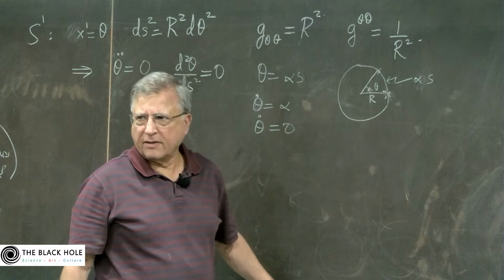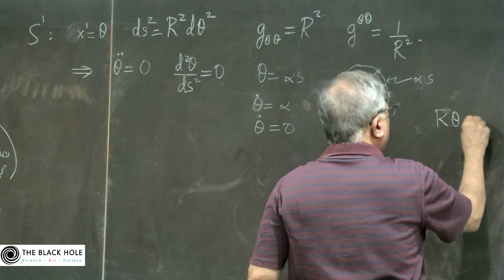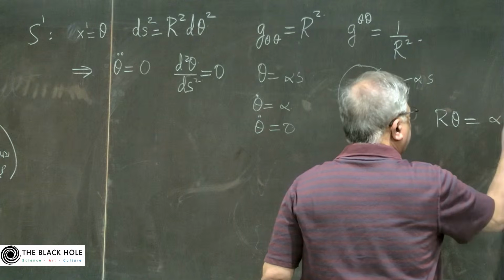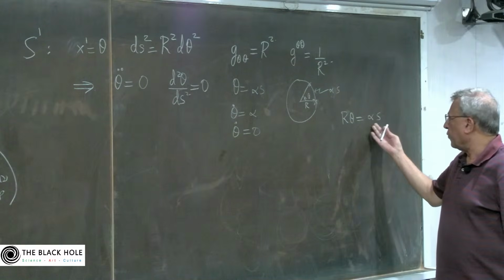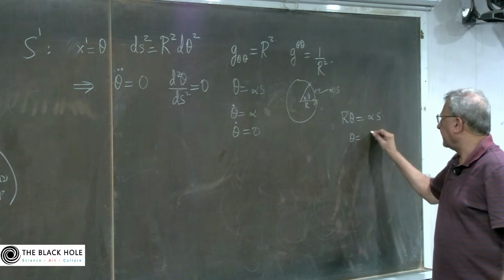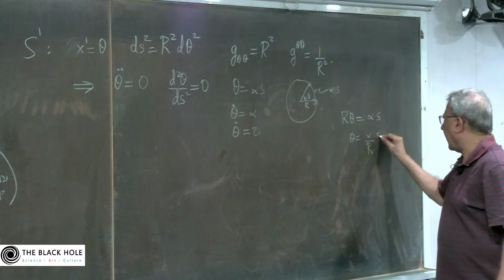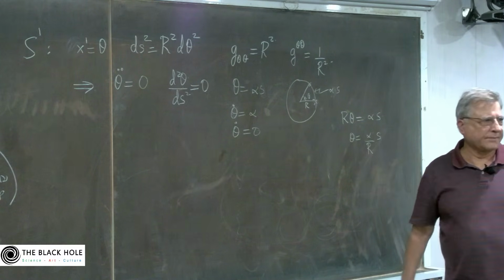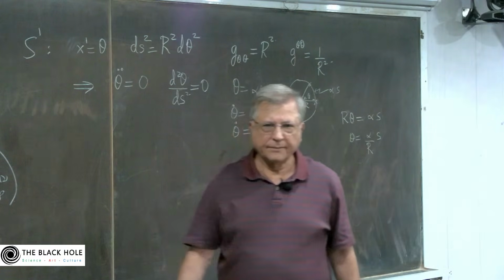R theta is equal to alpha S. So you could write this as theta is equal to alpha over R S.